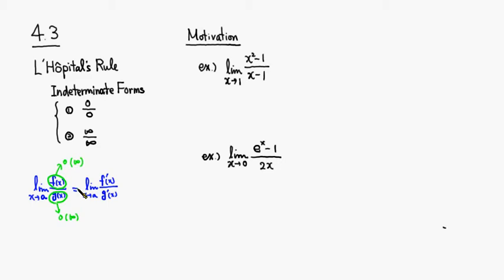All right, so let's start with a motivational example. We've seen this kind of limit: the limit of x squared minus 1 over x minus 1 as x approaches 1. If you plug in x equals 1, the denominator approaches 0, and 1 squared minus 1, the numerator, approaches 0.